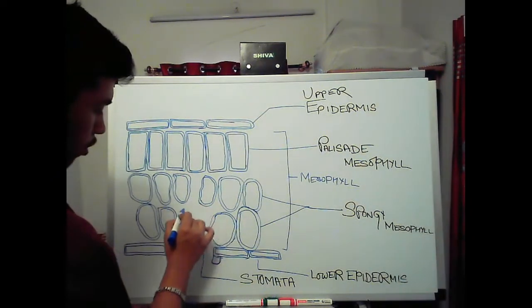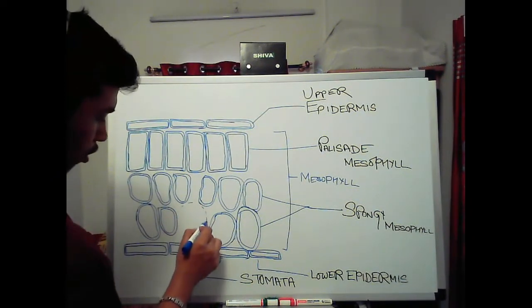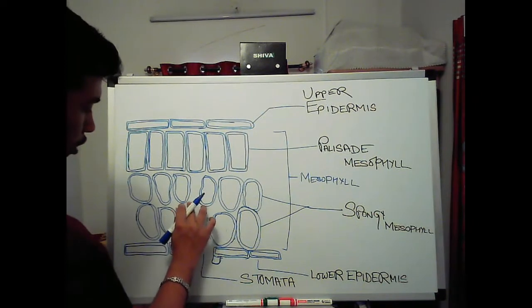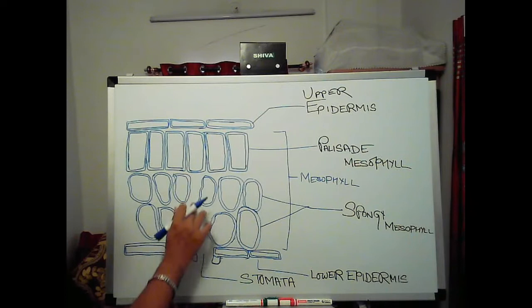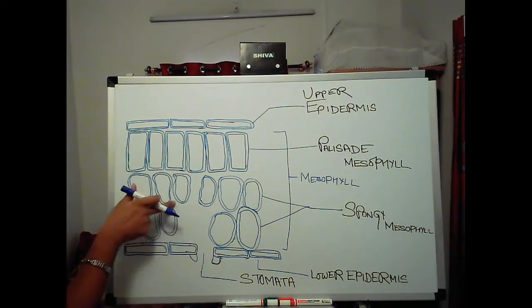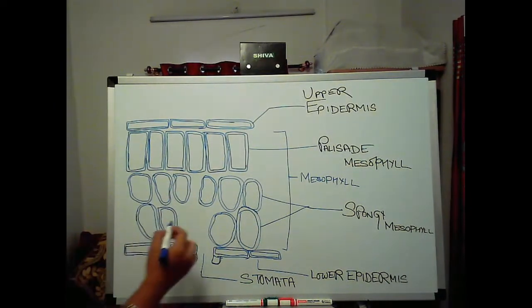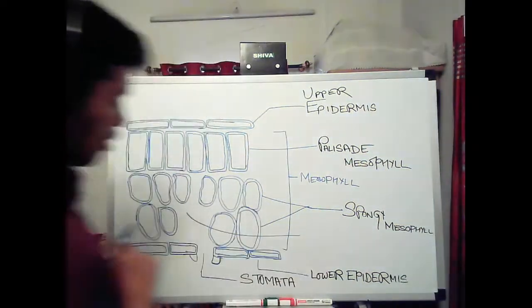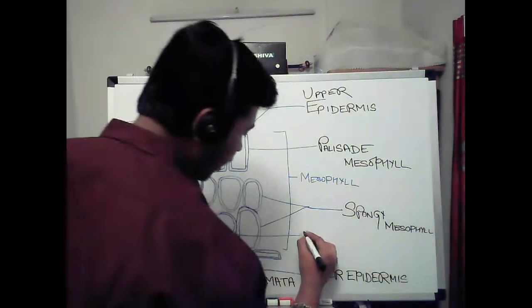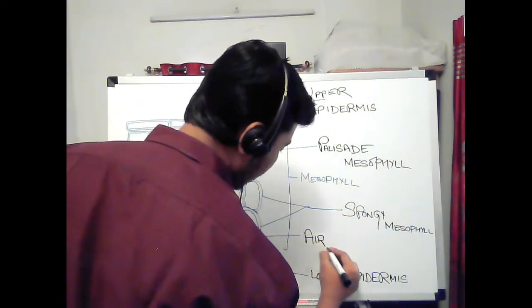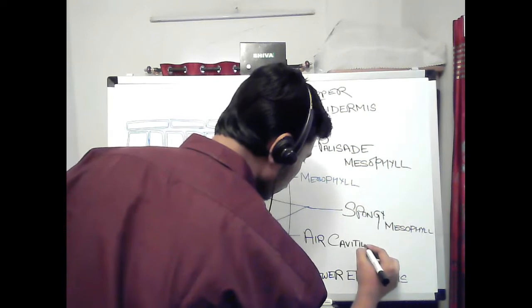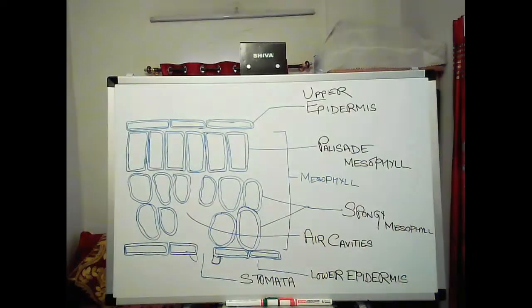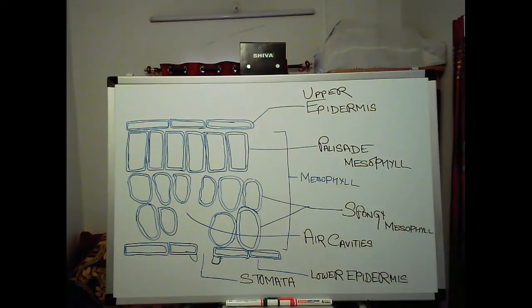This small space, small cavity over here showing in the dotted region. The small gap you see everywhere, here, here, here. These gaps are known as air cavities, or you can also say air columns.